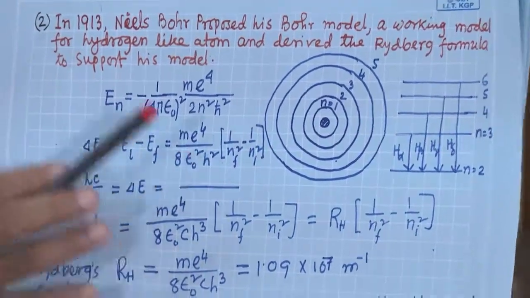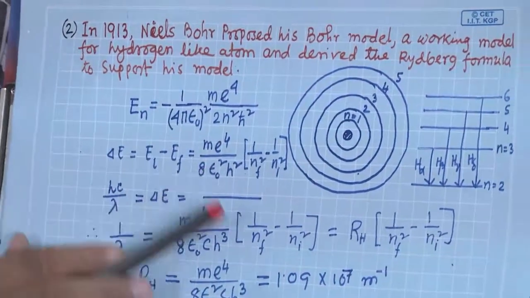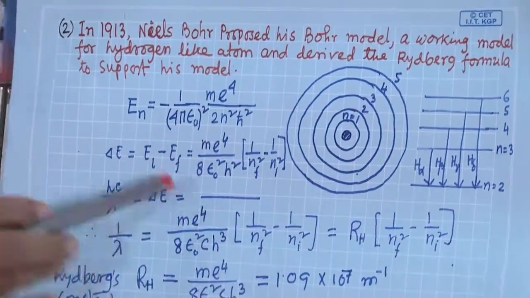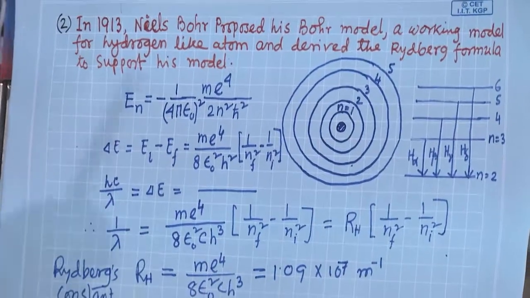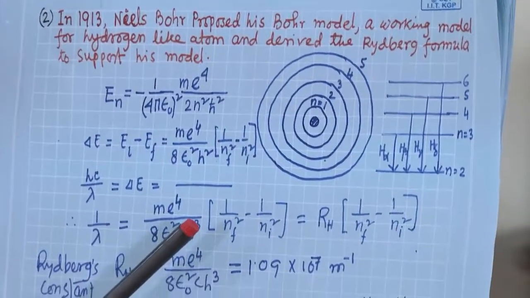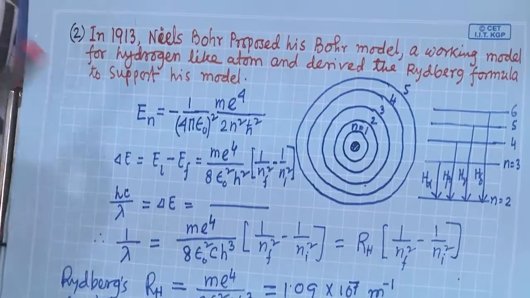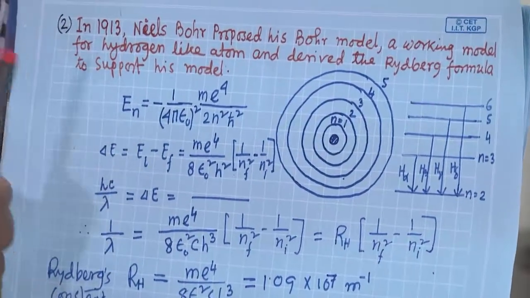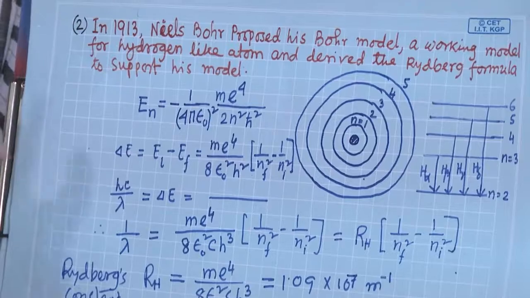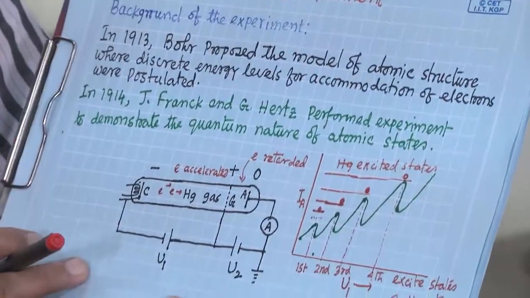That assumption was experimentally verified by Franck and Hertz immediately the next year. So it is the Franck-Hertz experiment which demonstrated the discreteness of energy levels, and that is why it is a historically very important experiment. Today I will demonstrate that experiment in our optics laboratory.